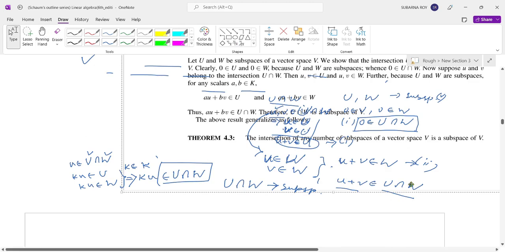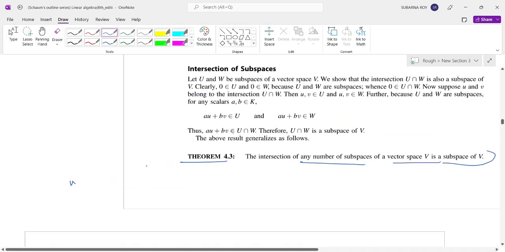There is a theorem: the intersection of any number of subspaces of a vector space is a subspace.